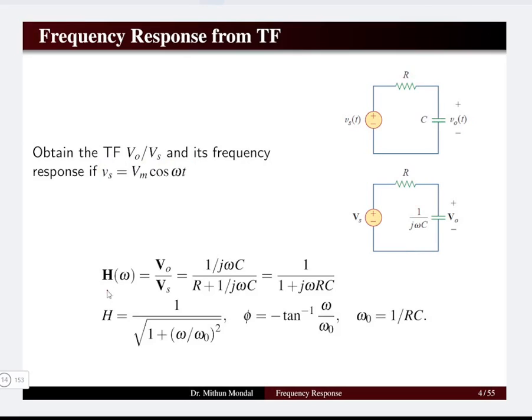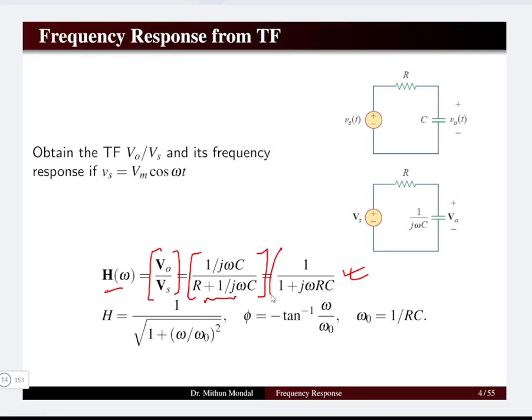So the transfer function, which is the ratio of the output quantity by input quantity, if we determine in terms of the parameters of the circuit, we will get the capacitive reactance 1 by j omega C divided by R plus 1 by j omega C from the voltage division rule, and we can obtain the transfer function as 1 by 1 plus j omega RC.